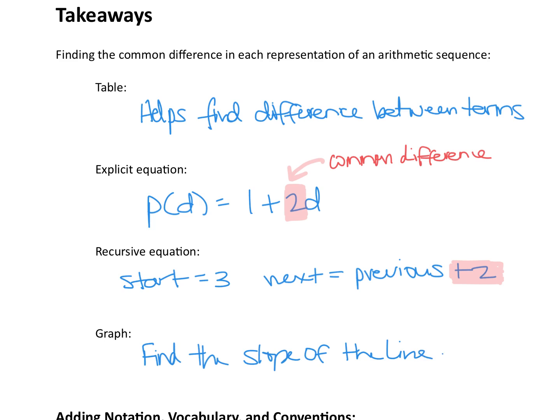And for our situation, it was plus 2 over plus 1. The plus 2 was up 2, the plus 1 was right 1. Okay, so these were 4 different ways where we were able to see the common difference for this arithmetic sequence.